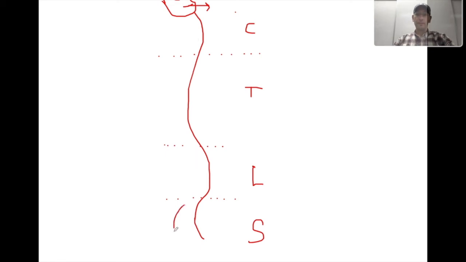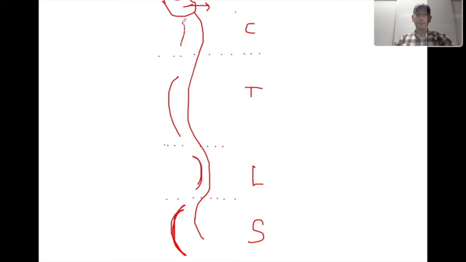And this is sort of where your butt is. Your butt is shaped partly due to the sacral curve, and this is the bottom of your back, the lumbar curve, and then your sacral curve.